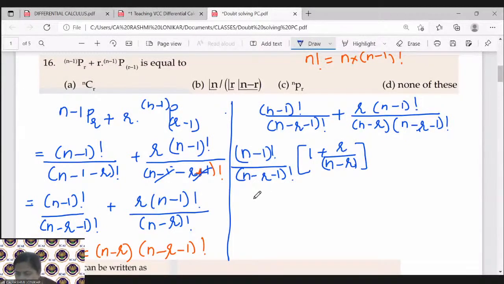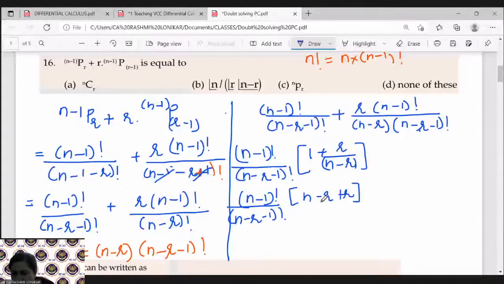Now what will this be? This will be n minus 1 factorial upon n minus R minus 1 factorial. This will become n minus R plus R. What will happen? Minus R plus R will get cancelled. What is left with is n into n minus 1 factorial upon n minus R minus 1 factorial, right?